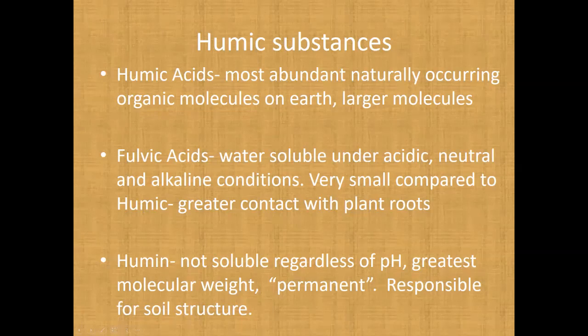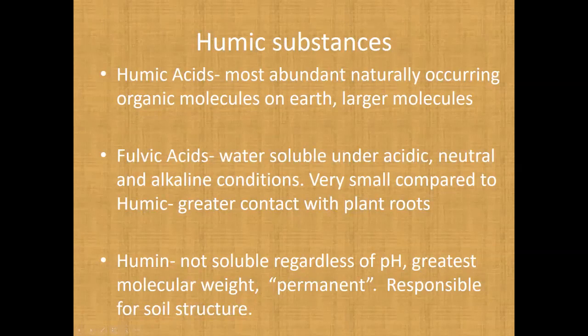And so these are crucial. These acids and molecules are going to be the critical interface that allow for nutrient uptake by roots, along with clay particles. So clay and humic substances are the major forces responsible for nutrient uptake.